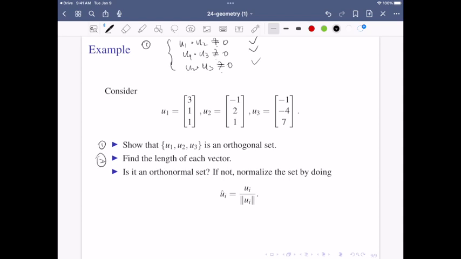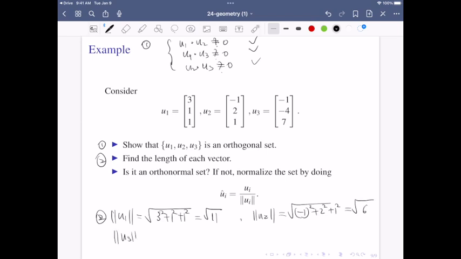Now the second question is to find the length of each vector. For the length, U1's length is the square root of 3 squared plus 1 squared plus 1 squared, so the square root of 11. And U2 is -1 squared plus 2 squared plus 1 squared, which is the square root of 6.